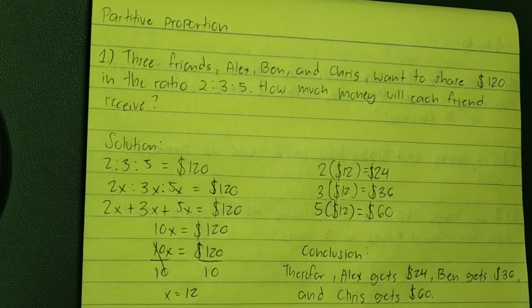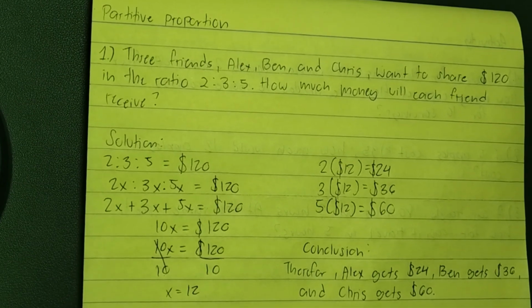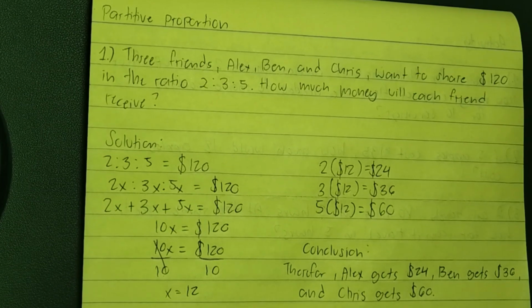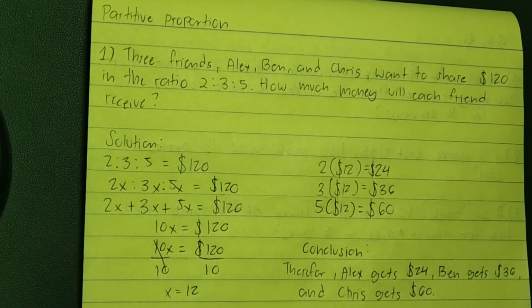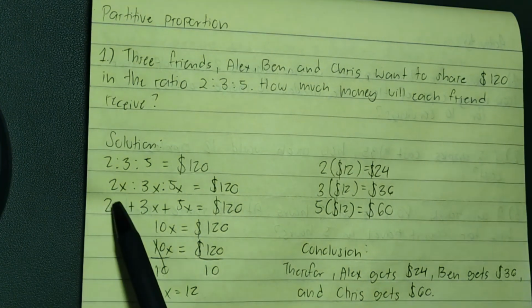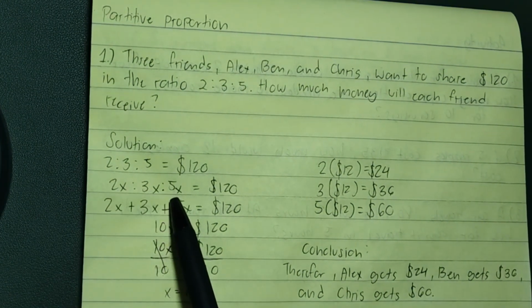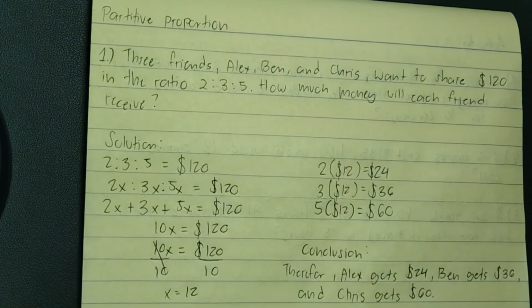So the first step would be setting up the proportion as well, like in inverse and direct proportion. We represent the shares of Alex, Ben, and Chris using variables: 2x is to 3x is to 5x respectively.